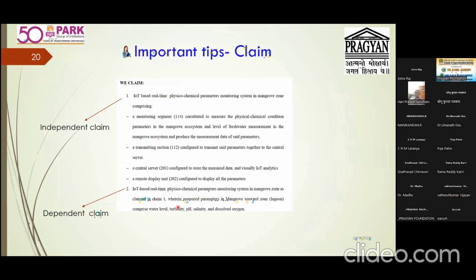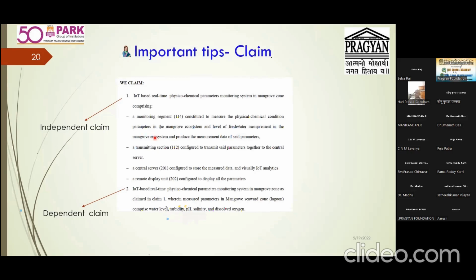In the dependent claim, I mention that the parameters measured in the mangrove zone comprise water level, turbidity, pH, salinity, and dissolved ions. Understand? In the independent claim I have the monitoring segment, the transmitter section, and the central server. This is to be claimed. I want to get a claim for this kind of invention.